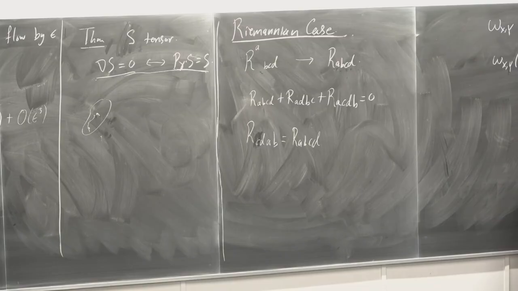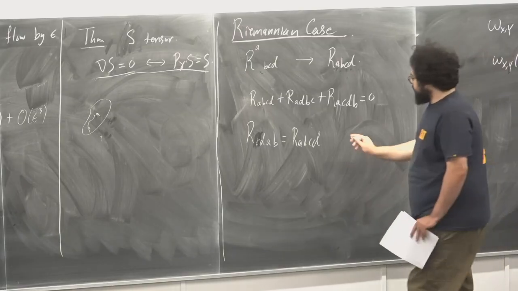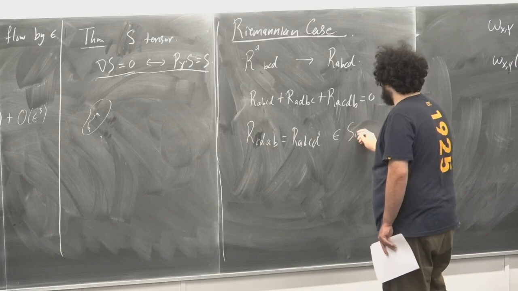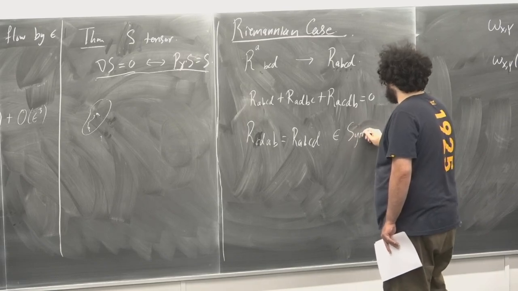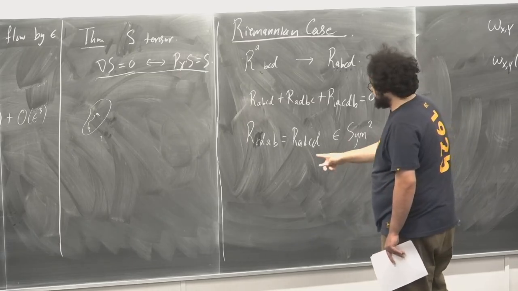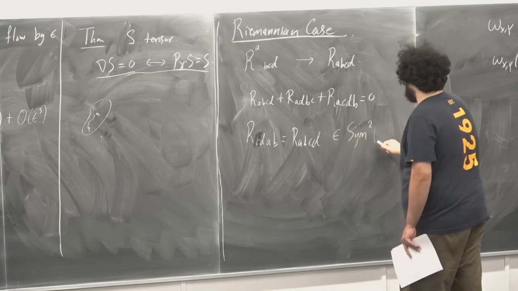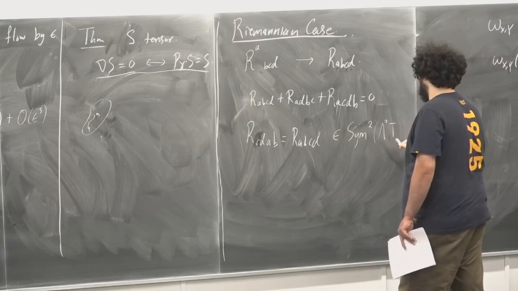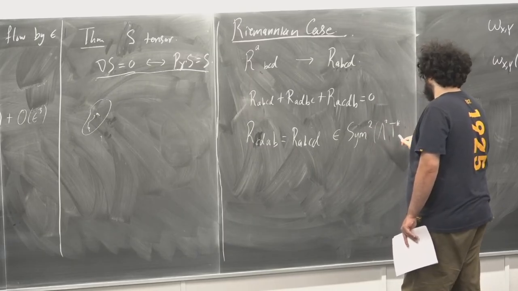So this R object lives in Sym2 of wedge 2 of T star N.